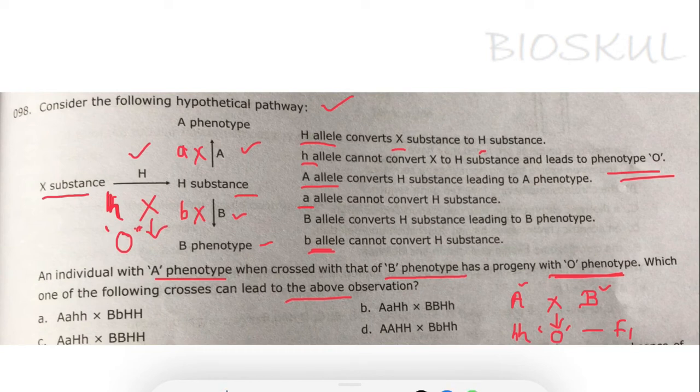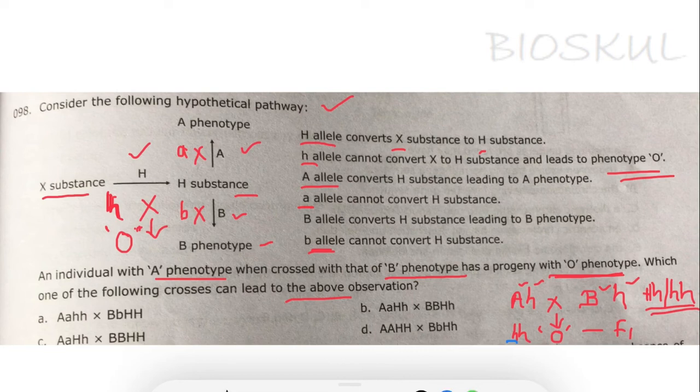So two small h should be present, and one h allele will be inherited from one parent, and the other h allele will be inherited from the other parent. That means both the parents should have small h allele, and it may be present in heterozygous form or in the recessive form, right?